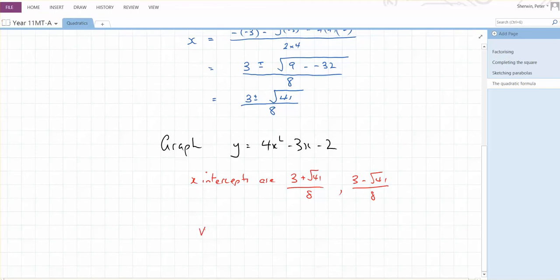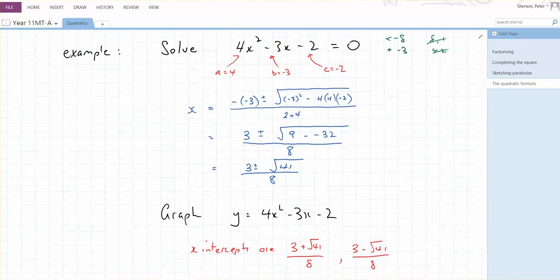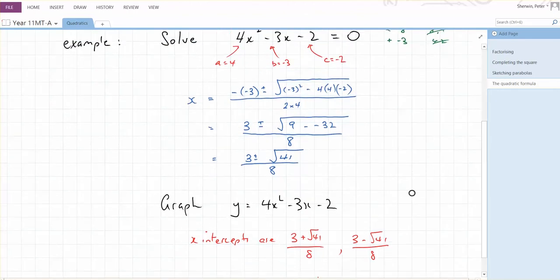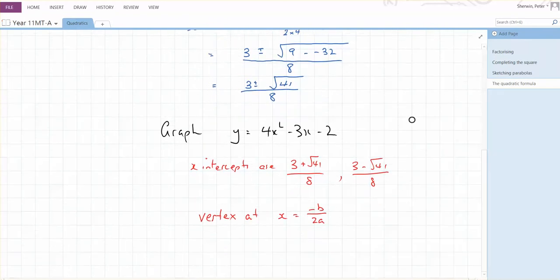But we can also find our vertex, or our turning point, which is at x equals minus b over 2a. Now in our quadratic, minus b over 2a is minus minus 3 over 2 times 4, so in our case that's 3 over 8. That's the x coordinate of our vertex.